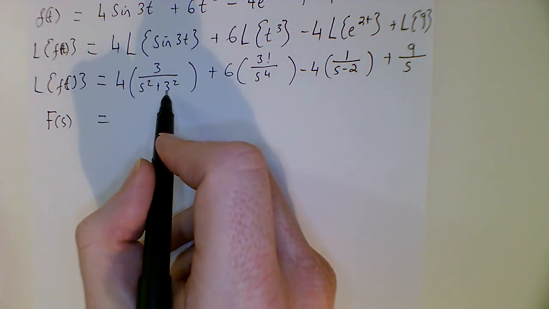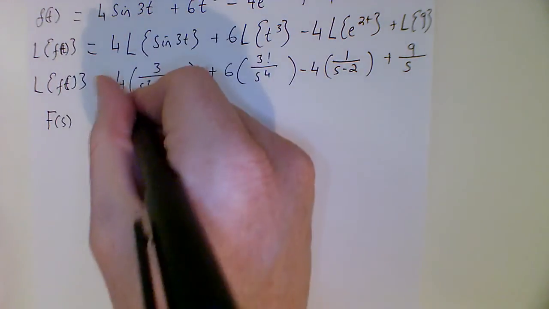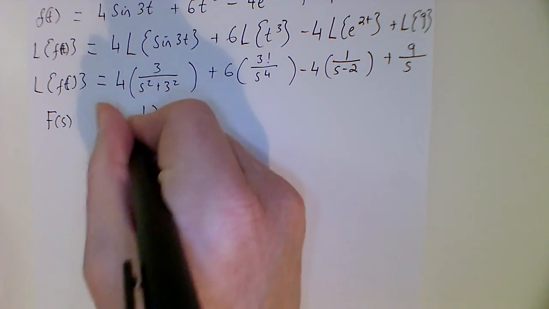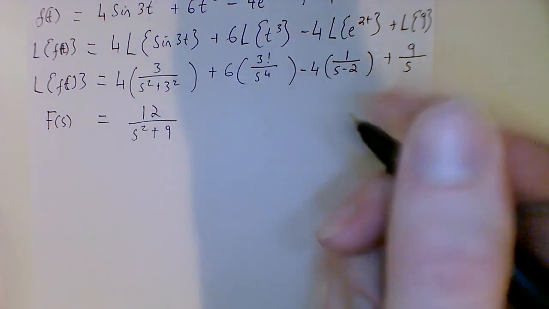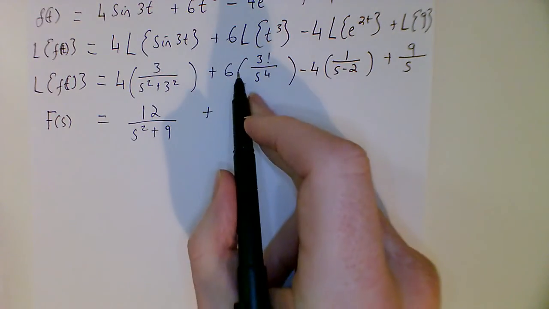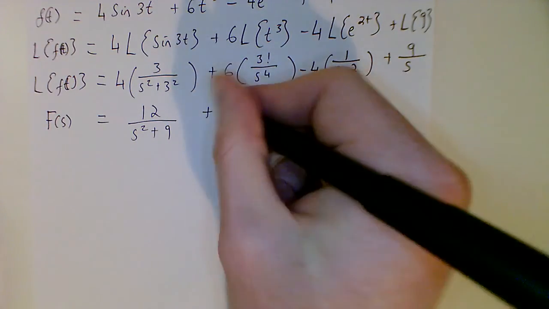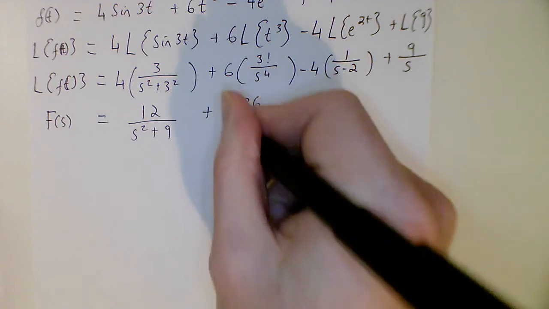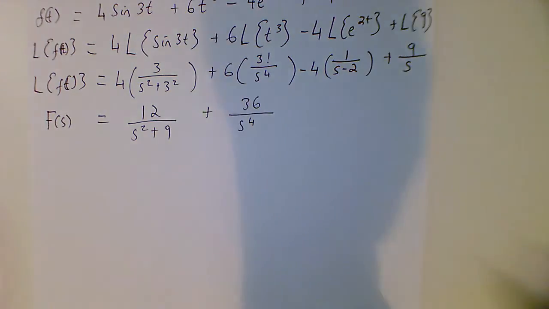So I'm going to simplify that, multiply those together. That's 12 over s squared plus 9. 3 factorial is 6, so that's going to be 36 over s to the power of 4.